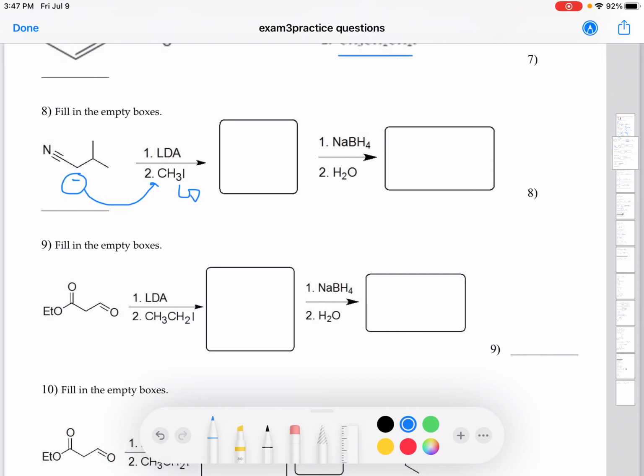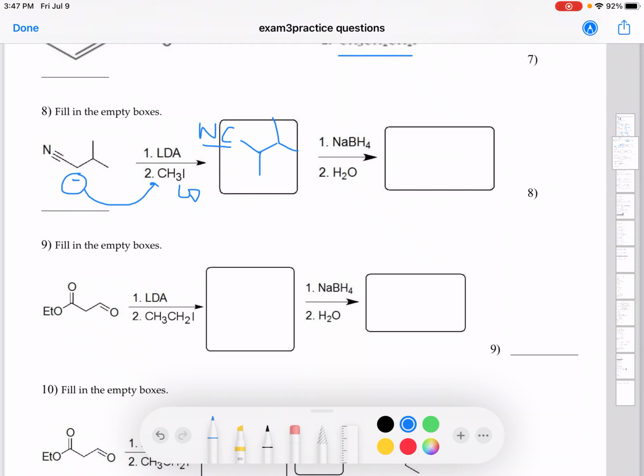So you will have your nitrile group CN, and then the carbon, and then you have a methyl group right there. Okay, and then you add sodium borohydride and water. What's going to happen to the nitrile group, CN group, with sodium borohydride?